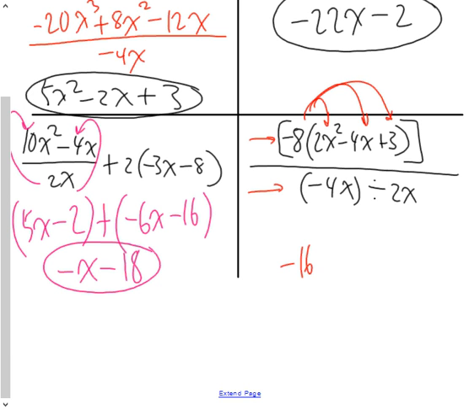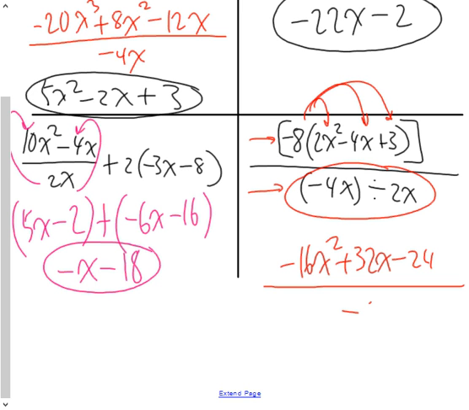The negative 16x squared plus 32x minus 24, divided by, this is going to work out to be a negative 2. So when I simplify the top and bottom parts, I end up with this.